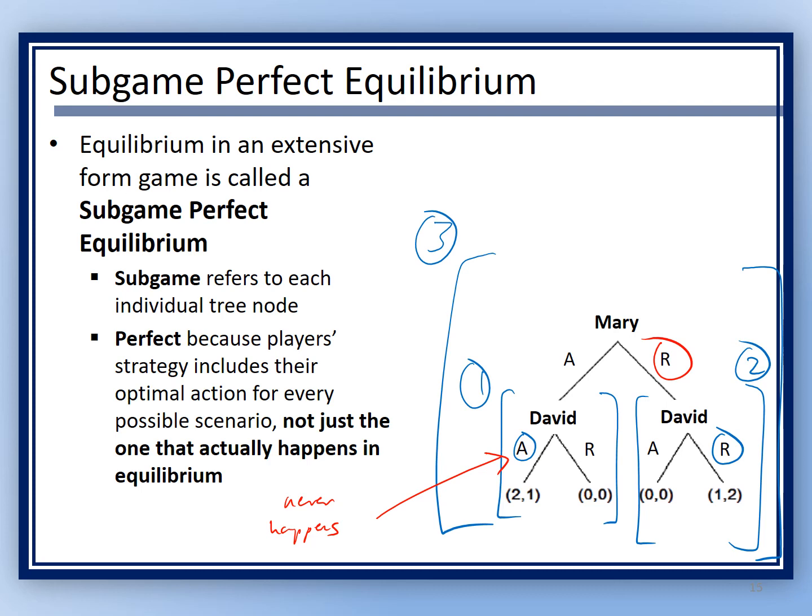This is an assumption because there is nothing that stops David from imagining a plan that is suboptimal. It's never going to happen anyway, so why can't he imagine something weird, right?